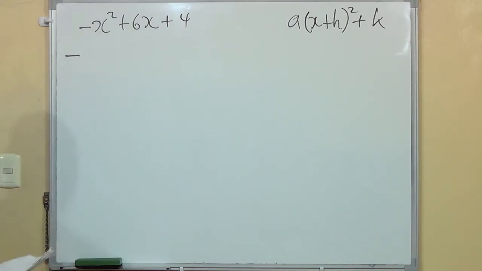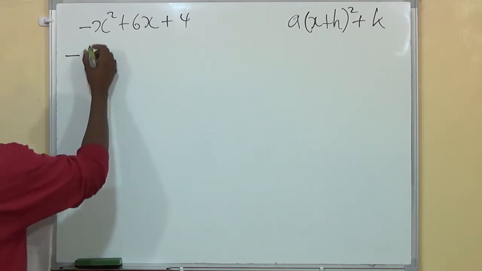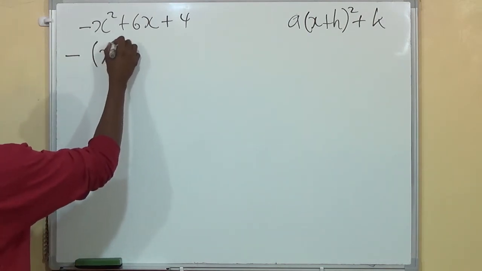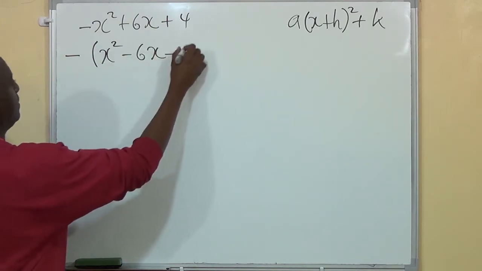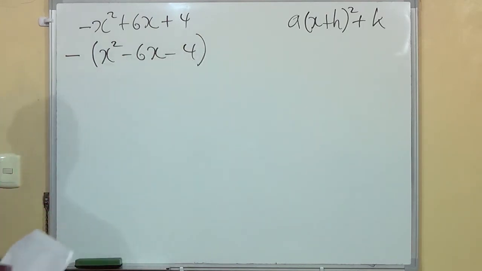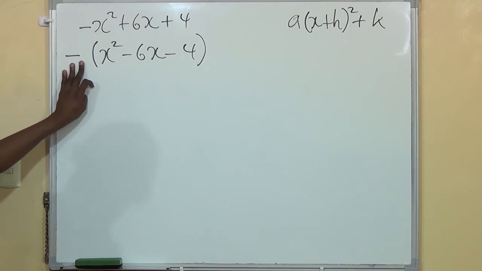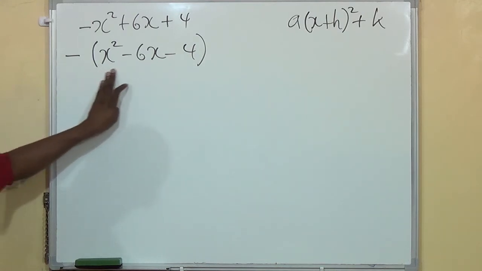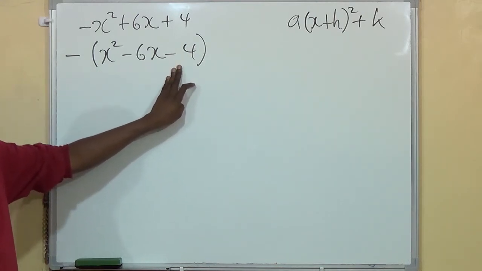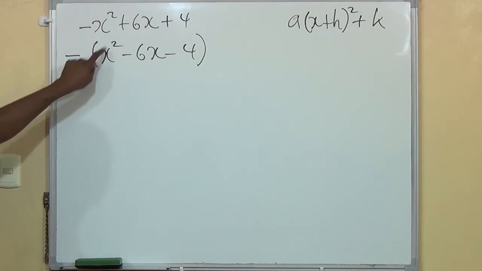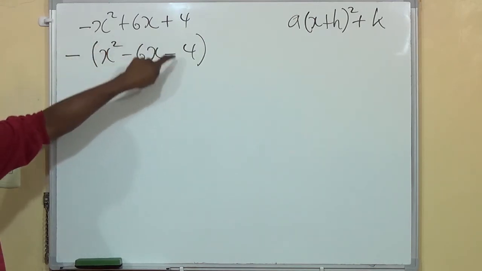Minus 1 into x squared minus 6x minus 4. Alright, we know that if we take the minus 1 on the outside, the signs of everything inside here will change. So the minus will go to plus, plus will go to minus, plus will go to minus.